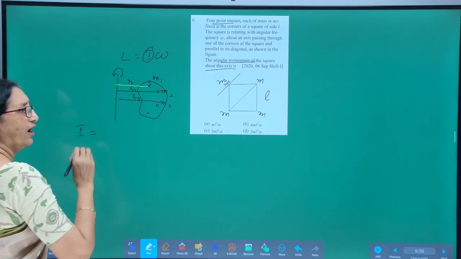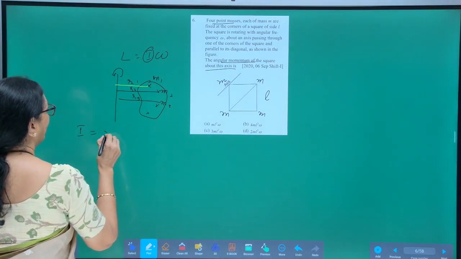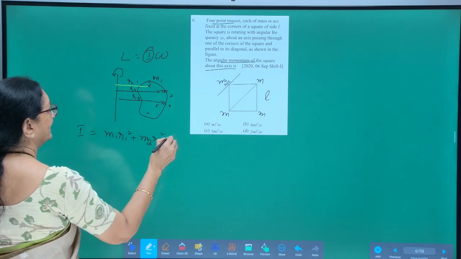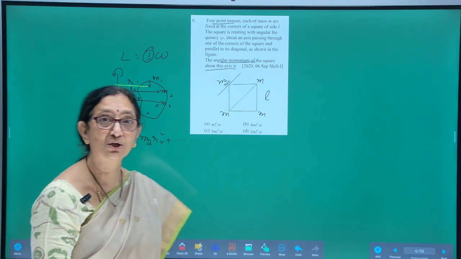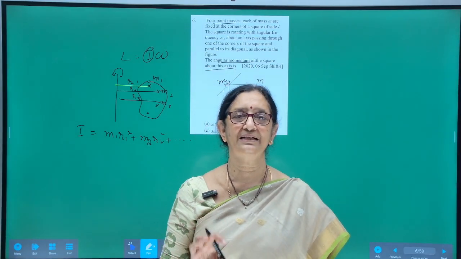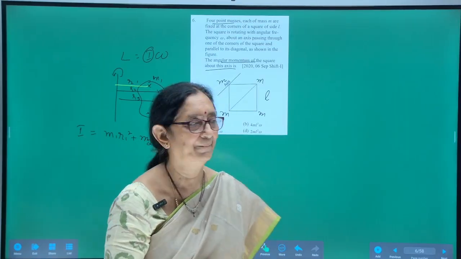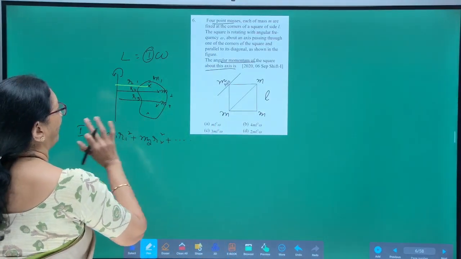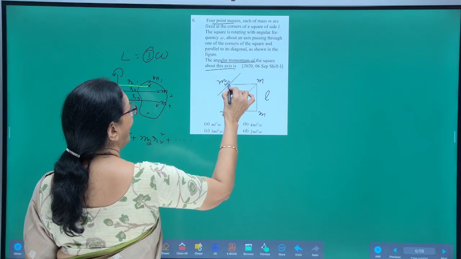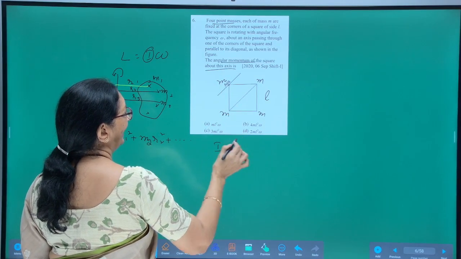Moment of inertia of a system of particles about an axis of rotation is m1 r1 square plus m2 r2 square plus m3 r3 square plus so on, where r1, r2, r3 are perpendicular distances of the particles from the axis of rotation respectively. We are using that formula to find the moment of inertia of this system of particles. As this point particle is on the axis, it does not contribute anything.